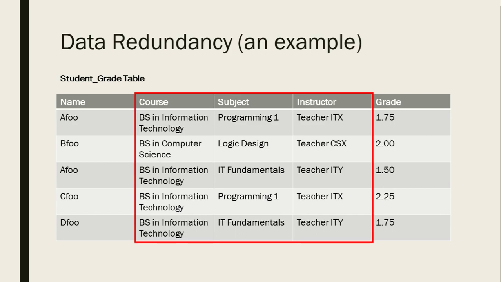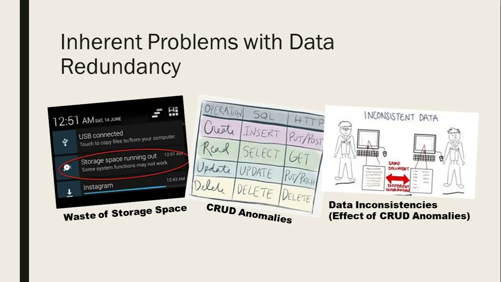Now, if we need to update the database, and somehow the one in charge of maintaining the database wasn't able to update the record of SIFU, then we will have inconsistent data in the database, and that is just an example of how CRUD anomalies would reflect on the database.